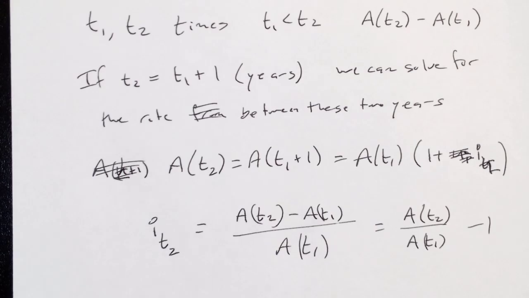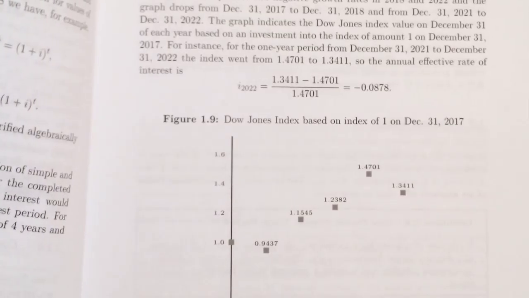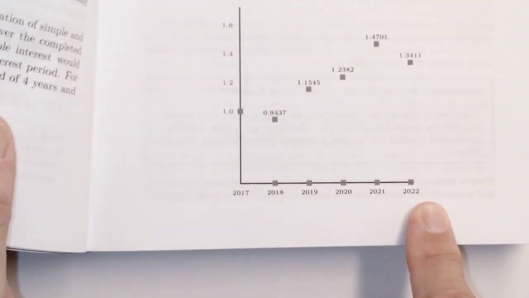So if I have things like the stock market, Dow Jones Industrial Average, I can get rates for different days and times. I can get values at different points. Here's my return on the Dow Jones information from 2017 to 2022.